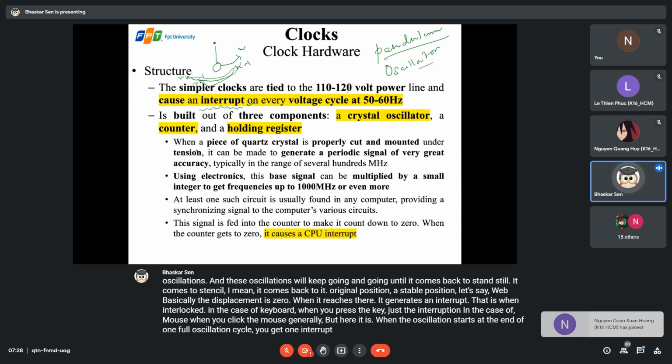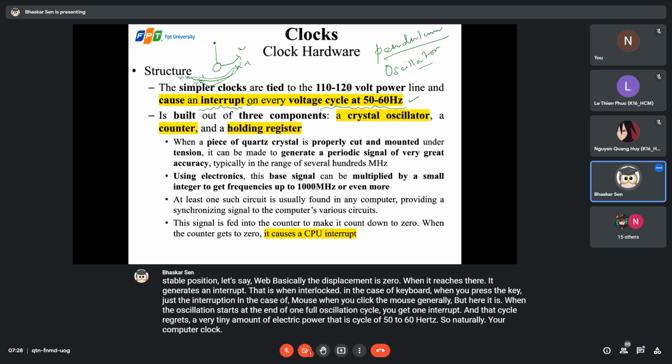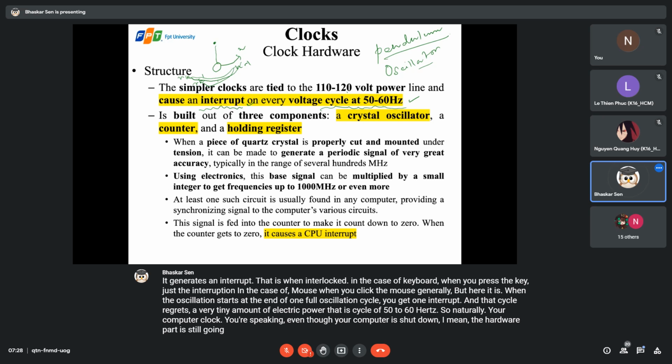That cycle requires a very tiny amount of electric power, a cycle of 50 to 60 hertz. So naturally, your computer clock is ticking even though your computer is shut down. The hardware part is still going on.